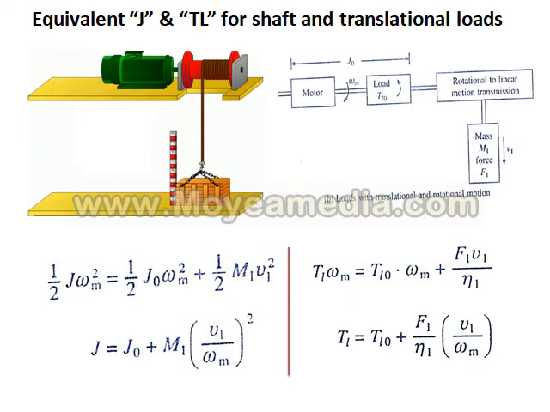There are some loads where there is translational motion. One such load is shown here. It consists of a drum directly coupled to the load, and a rope is wound over the drum. One end of the rope is fixed, and the other end is connected to the load, which has to be moved up and down.